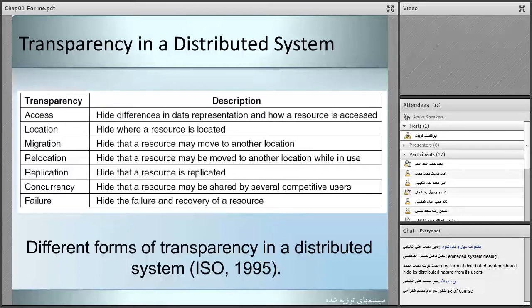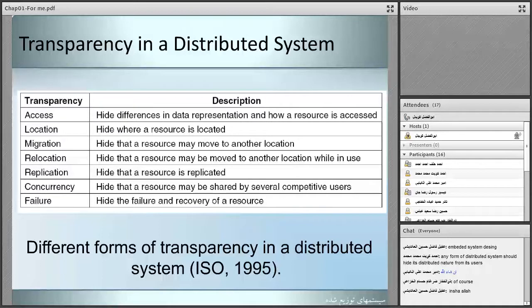Good. So in the last session, we talked about different forms of transparency in distributed systems. So we were here, weren't we? The last slide we talked about in the last session is about transparency forms in distributed systems.